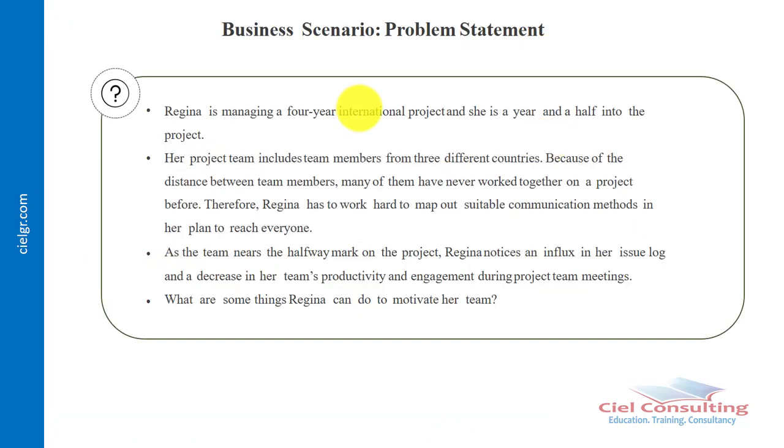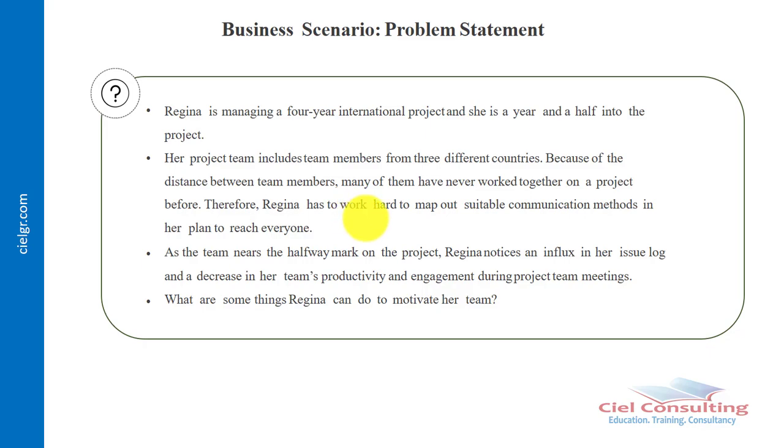So let's take a look at this particular problem statement. Regina is managing a 4-year international project and she is a year and a half into the project. Her project team includes team members from 3 different countries. Because of the distance between team members, many of them have never worked together on a project before.